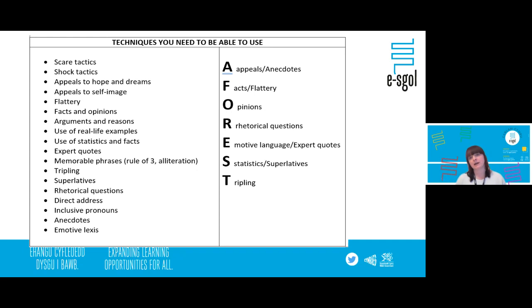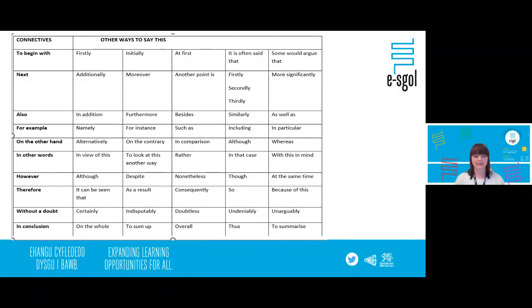If you try and keep that A-Forest in your mind, my candidates, as soon as they get to the Unit 3 paper, write it down on the front of their paper, and it's their go-to, and it keeps them focused as they work their way through it.